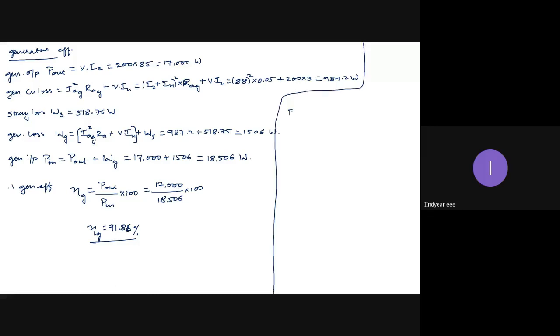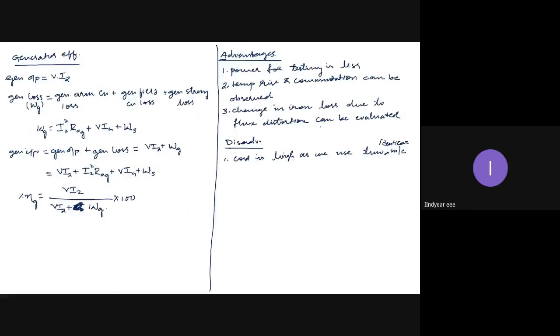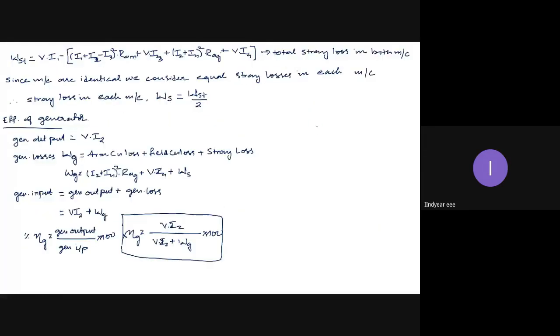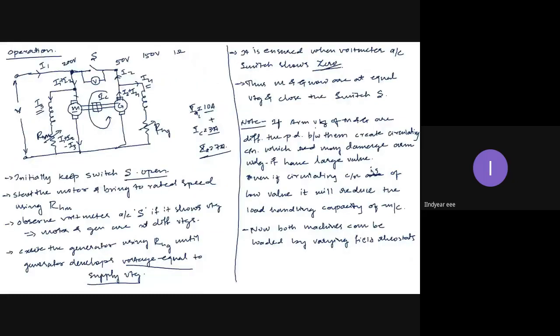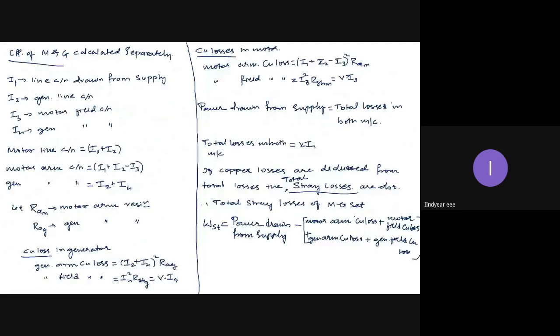For equal efficiencies, efficiency is equal to, it is under root, line current of generator divided by line current of motor. Generator line current divided by motor line current.